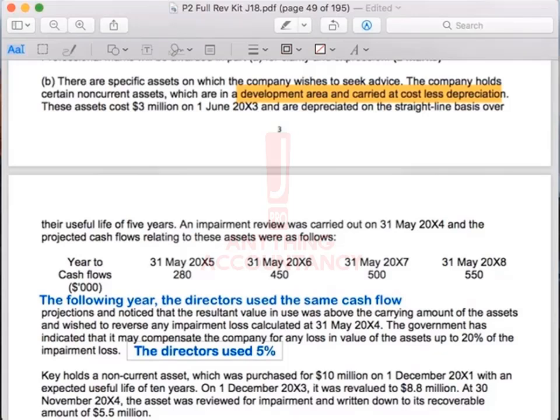Add that in. Well, let us use the 5% rate.